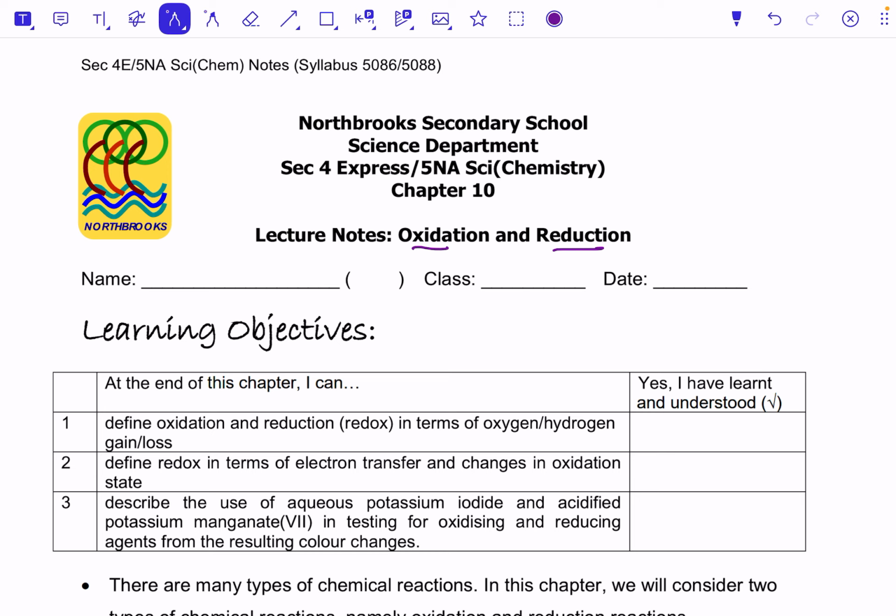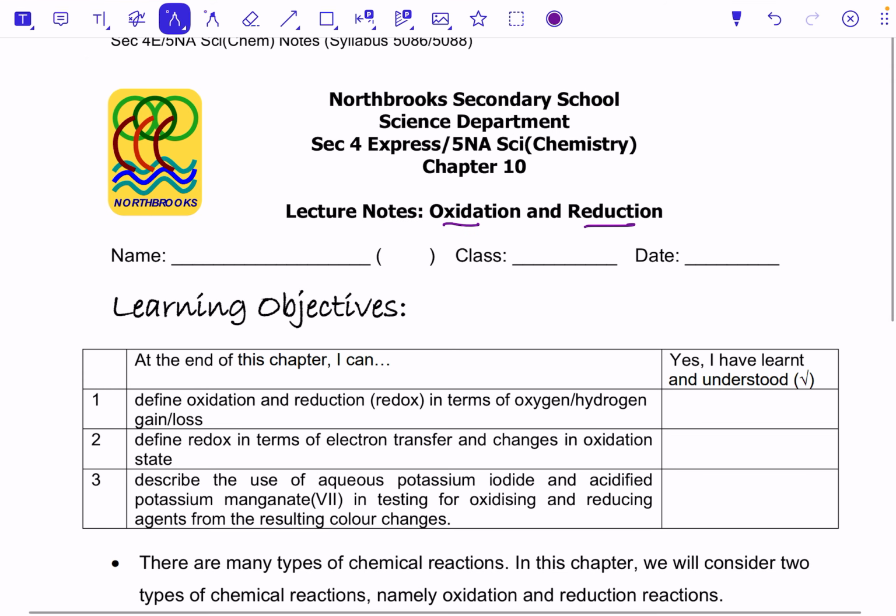That's all. So I think your burning question is, what's this thing called oxidation and reduction? Sounds like such a bombastic word. There are actually 4 different ways in which we can define whether a reaction is oxidation and reduction.